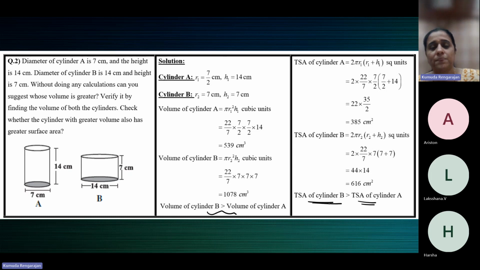In this case, both the volume and the surface area of the second cylinder, that is cylinder B, are greater than the volume and the surface area of cylinder A. So this is a pretty straightforward question to find volume and surface area and compare.